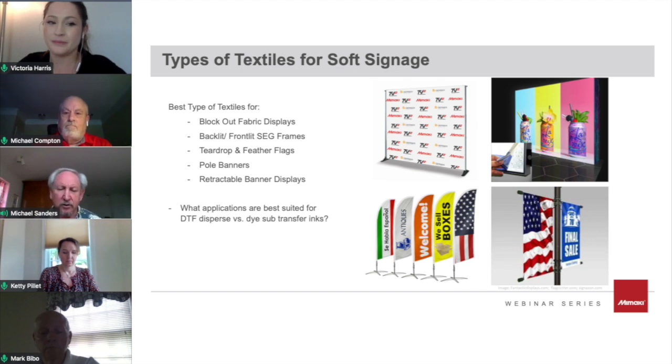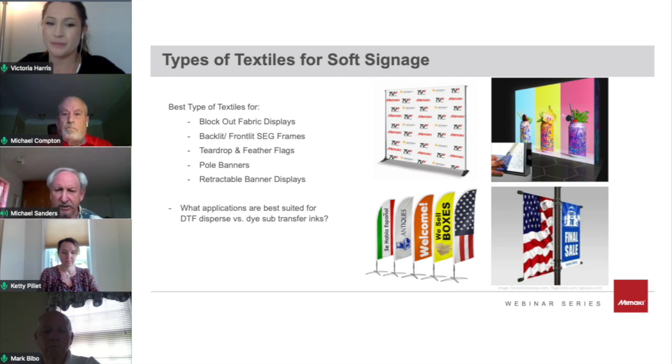If you're doing a flag, you definitely want to do direct disperse, because if you're doing dye sublimation, you're only going to get the image to transfer well on the front of the fabric. It will not go through the back. But if you do direct disperse, you're going to get anywhere from 85 to 95% print through to have that quality of a flag back and front image.